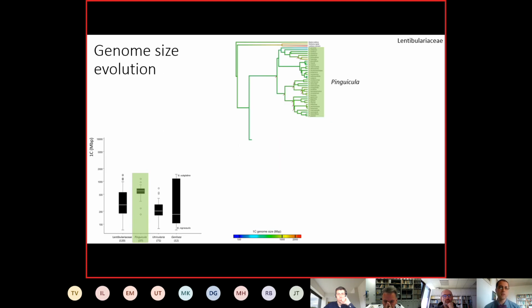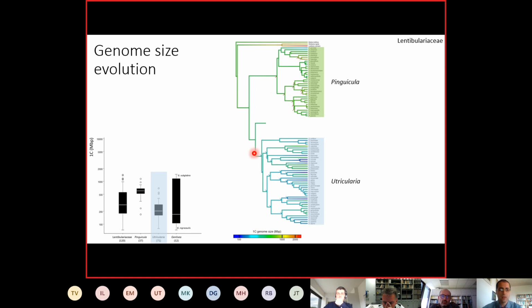How did these genomes evolve? Well, in Pinguicula, we have detected a significant tendency in many species for genome growth, while in Utricularia, the genomes are constantly shrinking. It's again the genus Genlisea where the most interesting things happen. There is one clade with severe miniaturizations and other two clades where genomes are growing.